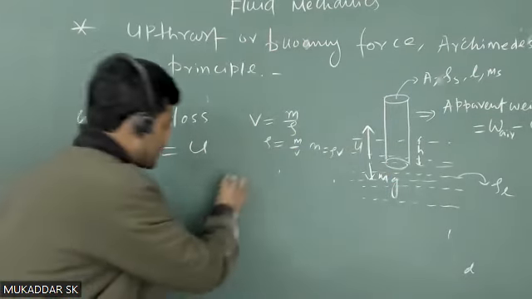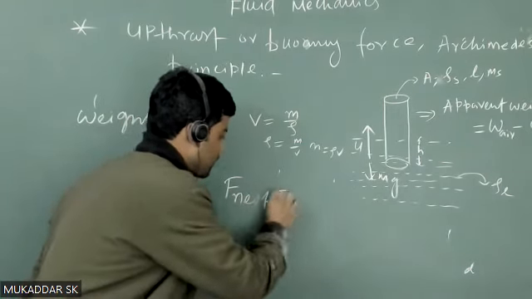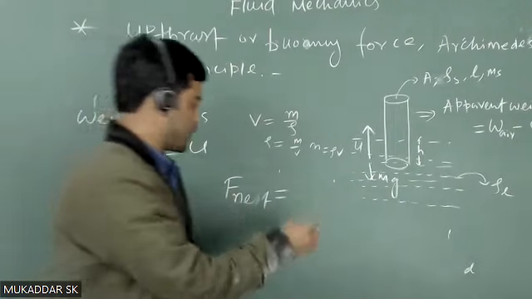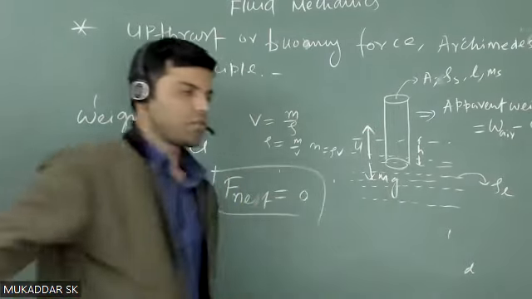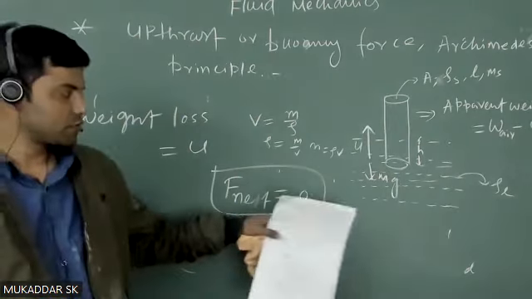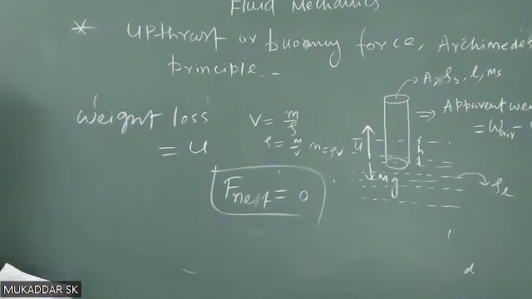So at equilibrium condition, the net force acting on this solid will be mg minus u, that will be 0. So if the solid achieves equilibrium, net force will be 0. Okay. Now let us solve one or two problems, then we'll stop.